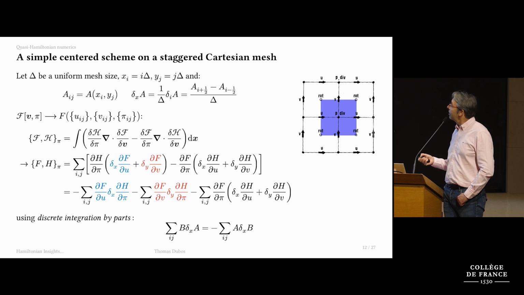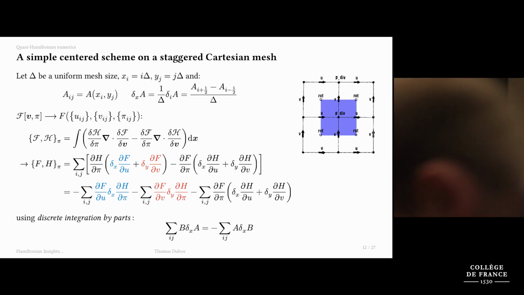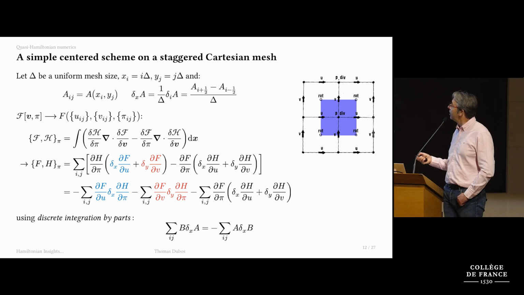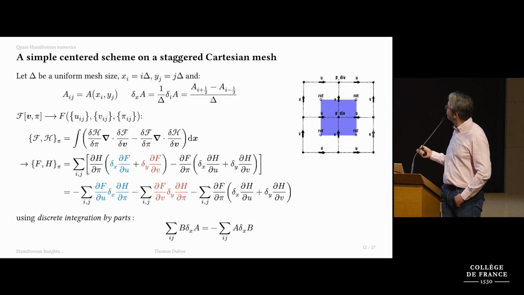What I will do is write down a discrete bracket which is an imitation of this one. I will discretize this divergence by a finite difference in the x direction. I will take the difference between these two u's, and I will symbolically put it here.